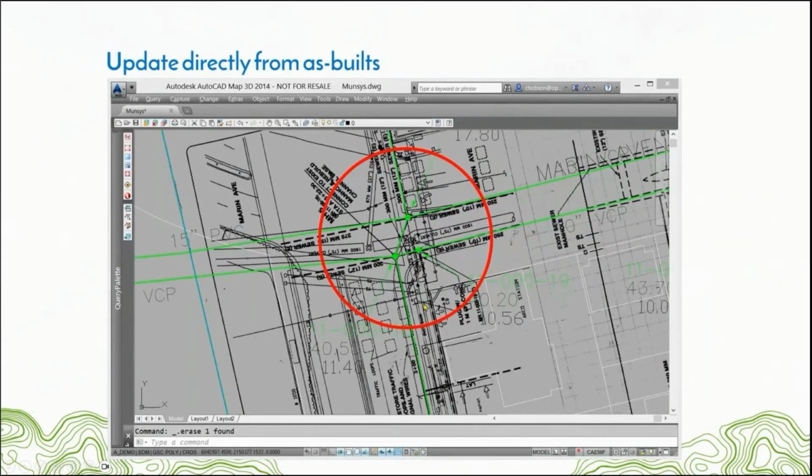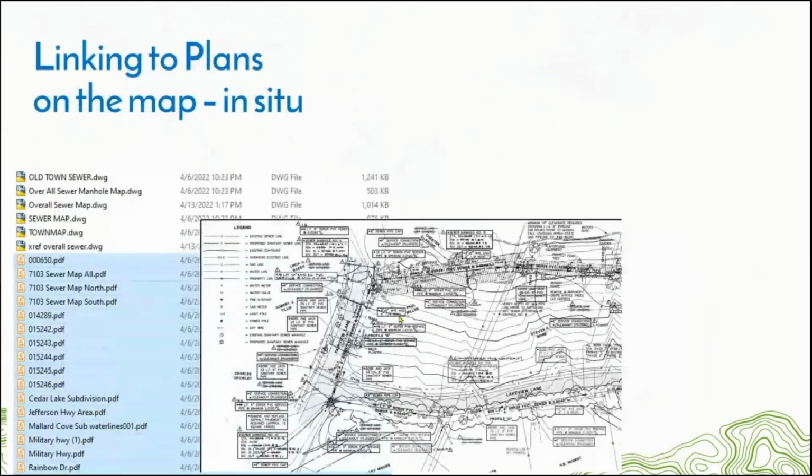What we've added in Enlighten is the ability to take that information, create the underlay raster, and then go into Enlighten and turn it on.